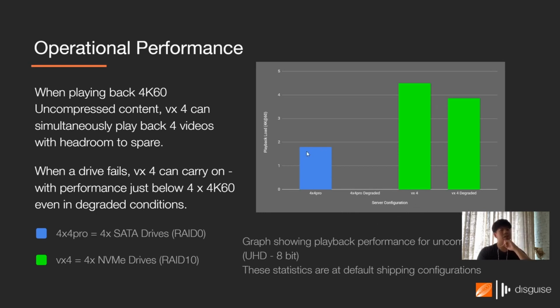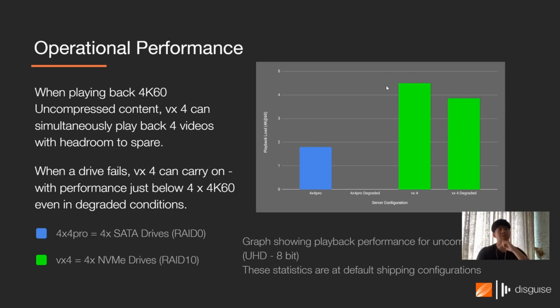So you can see on the 4x4 Pro, if you play back 4K 60, you are not even reaching 2 clips. Okay, we are talking about uncompressed clips. Whereas on a VX4, you can play 4K 60 uncompressed with a bit more headroom to spare.